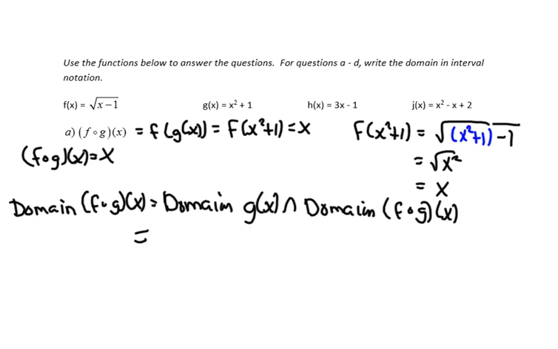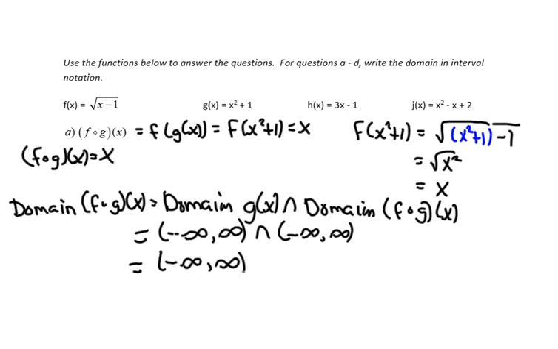That's a quadratic function. We know the domain is negative infinity to positive infinity. The domain of a linear function, because the composition f of g of x was equal to x, is also all real numbers. So the intersection of these two sets is also all real numbers.